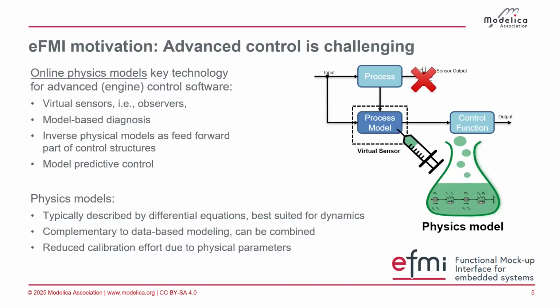And since Modelica is equation-based, you can do these kinds of things. And then we get to things like model predictive control. So this is for advanced control. We are not trying to replace solutions that already exist. We would like to do something more advanced. Yeah? But of course, you can also do what simulation does. So the physical models are described by differential equations to describe the dynamics.